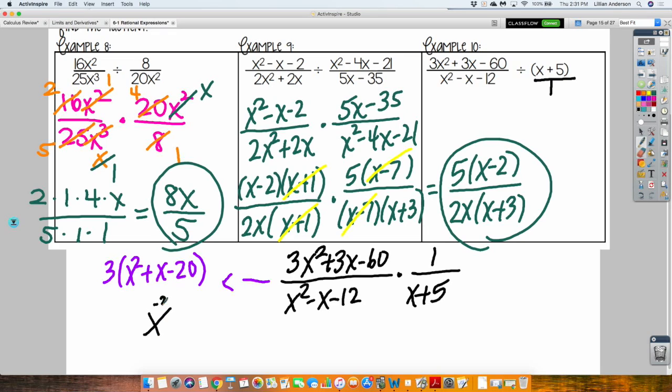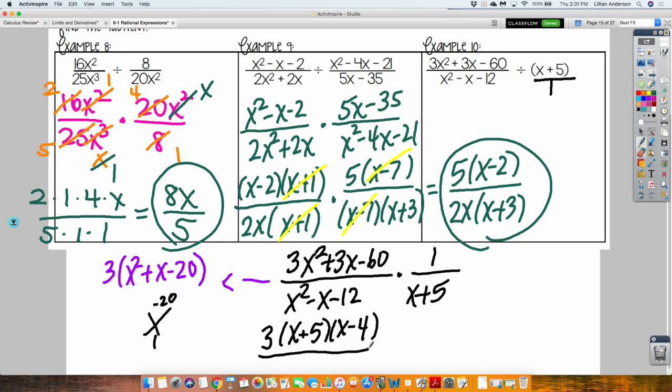I got to do my x. X plus 5, x minus 4. So I keep the 3 on the outside, and I have x plus 5, x minus 4. That's how you factor the top.